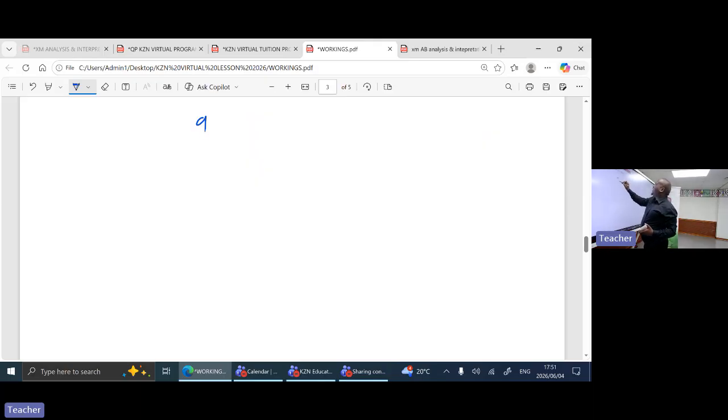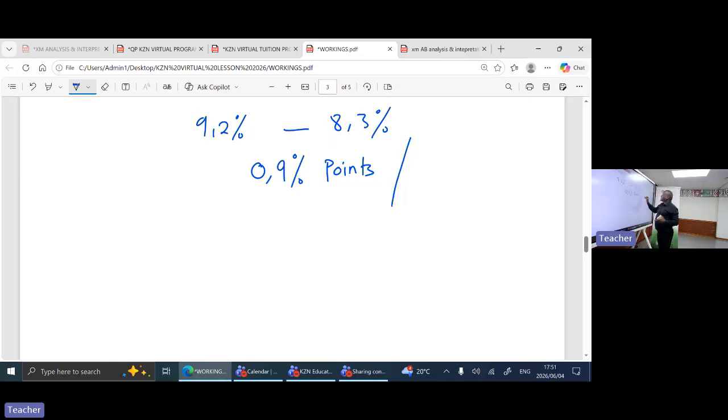We had 9.2% decreased to 8.3%, and then I mentioned this was a 0.9 percentage point decrease, or a decrease of 90 basis points. This is what you can mention in that question.